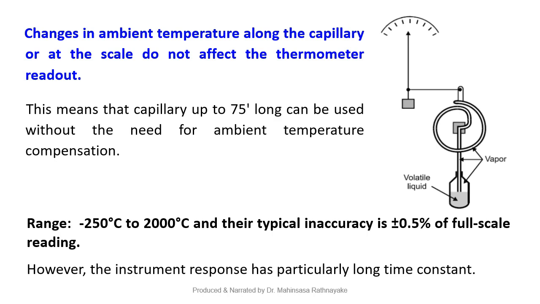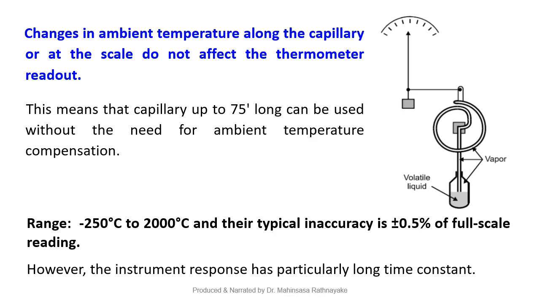Changes in ambient temperature along the capillary or the scale do not affect the thermometer readout. This means that a capillary up to 75 feet long can be used without the need for ambient temperature compensation.